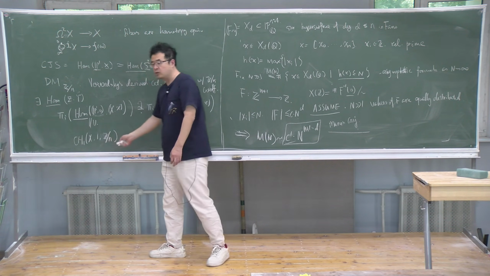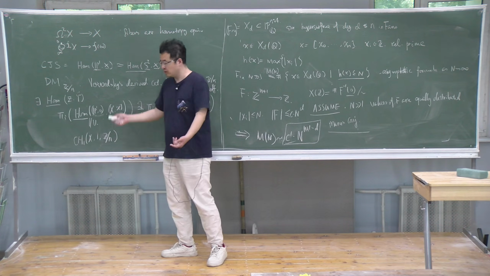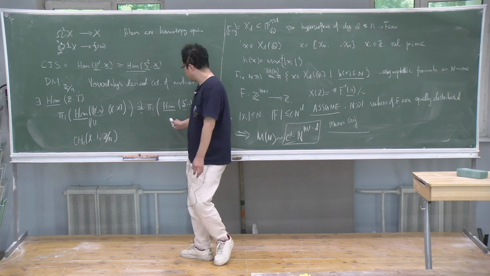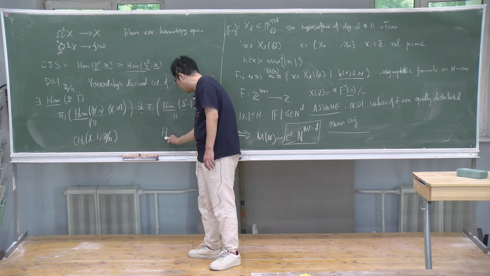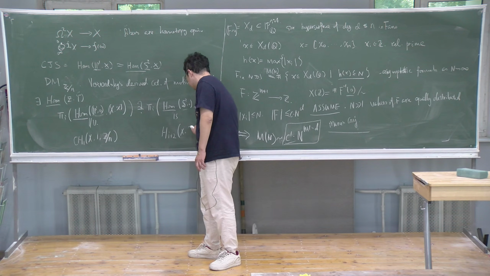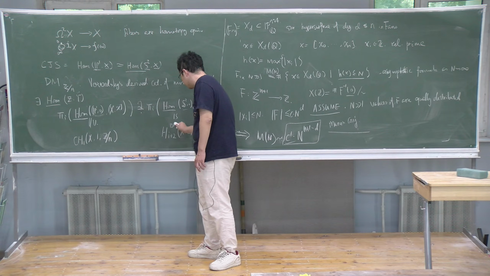This is the higher Chow group, or in other words, motivic cohomology on this side. On this side, you can also compute this, and this turns out to be H i plus 2 of X, the Breuer-Moore homology.